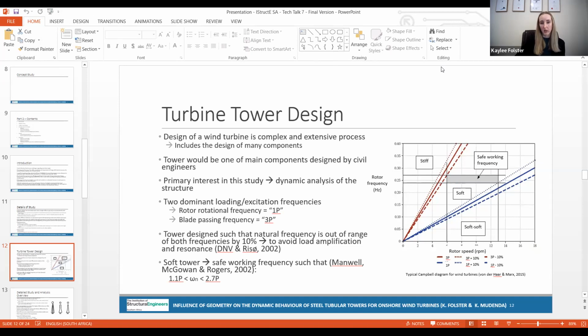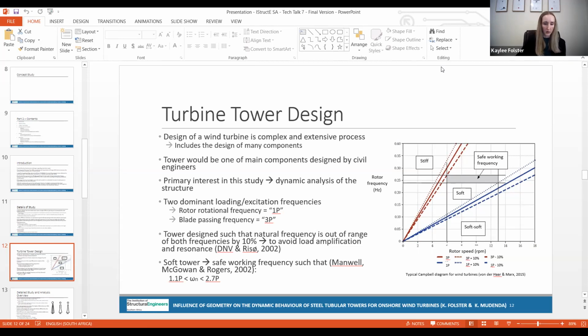That is then a tower which would be classified as stiff. So the tower tends to become a little bit more bulky, you use more material, and it's been shown that that's not the most economical way to design your tower. So ideally, you want to design the tower such that it has a natural frequency between those two loading frequencies. You'd want it to fall between the blue line and the red line. That is essentially what we refer to as your safe working frequency or your allowable working frequency.